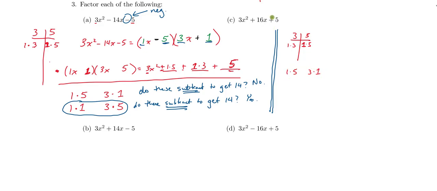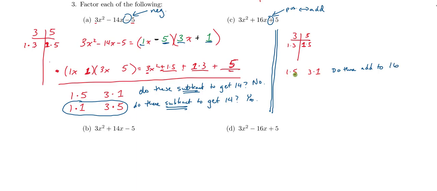Now, in this case, this is a plus sign here, so we're going to check to see if they add. This is positive, so we're going to check to see if they add. So I'm going to ask the question, do these add to our middle term here, which is 16, the middle coefficient, which is 16.